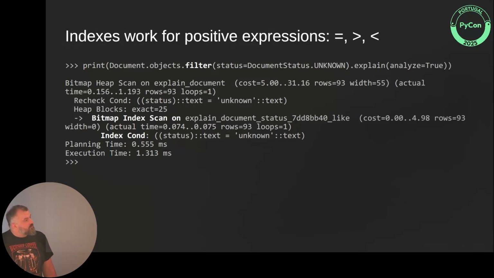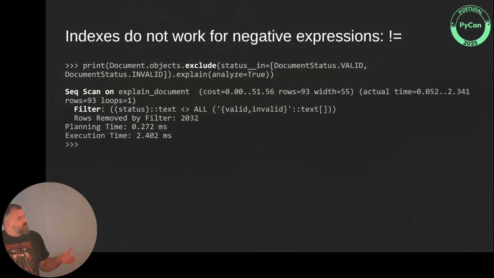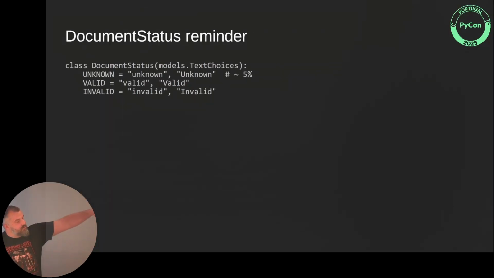Here, when I'm looking for the specific value of document status unknown, it does use the index, and everything is fine. However, keep in mind we had just the 3 values. So here I'm asking for exactly the same set of rows. I'm just formulating my desire differently. I'm saying, please return anything that does not include those 2 other statuses. So if we go back to statuses, the only value left there is unknown.